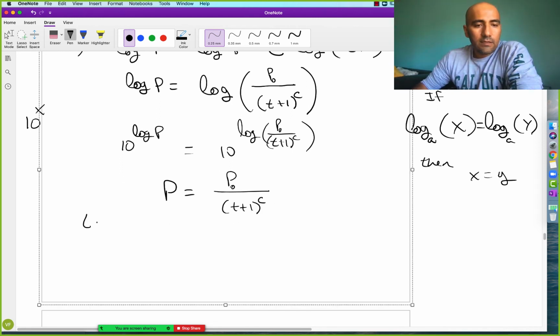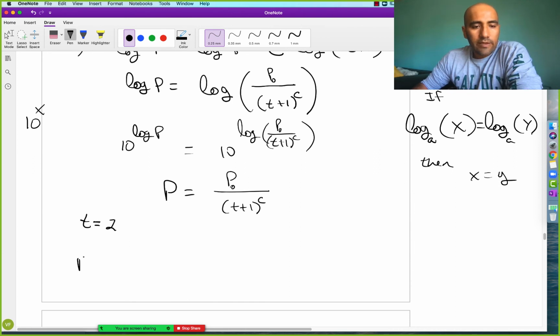So for t equals 2, we have p equals p naught, which was 90, over t, which is 2, plus 1, to the power of 0.2. And this will give me my answer.